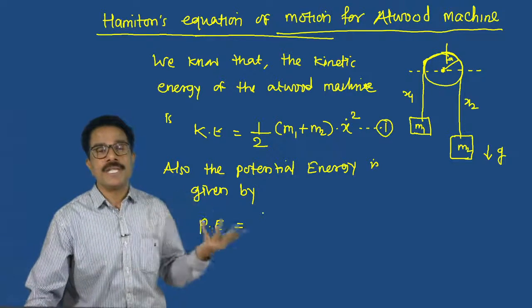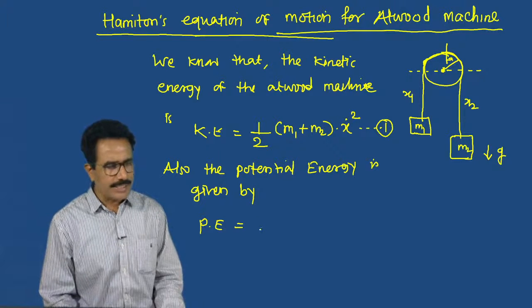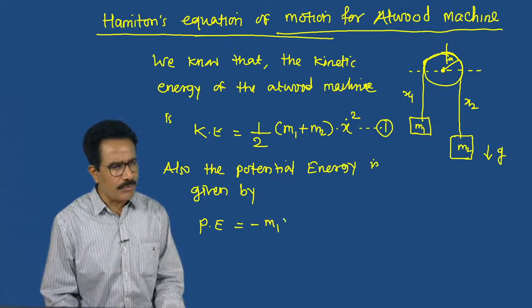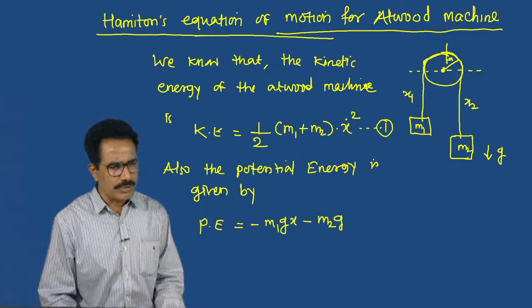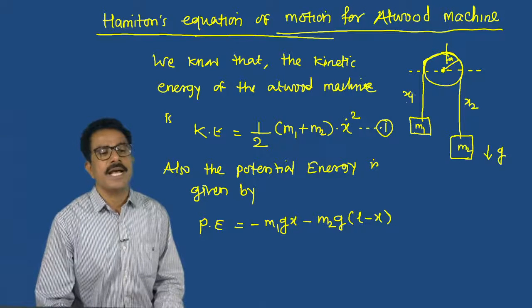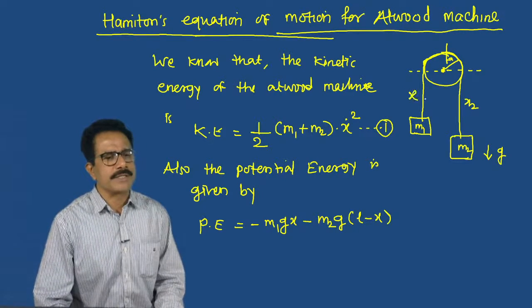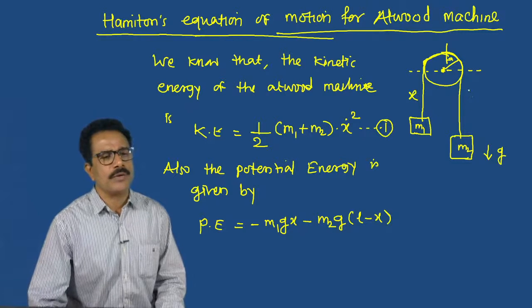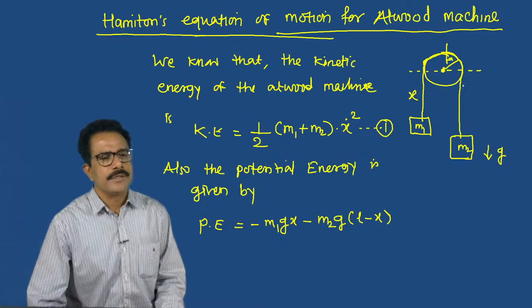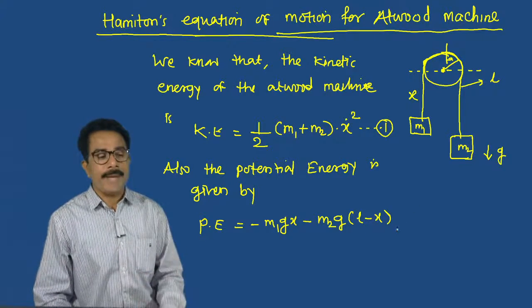So its potential energy we have already calculated, and its potential energy is minus m1g into x minus m2g into (L minus x). Suppose this is x, and this is the total length of the rope, L. So the rope of length L, and L minus x.